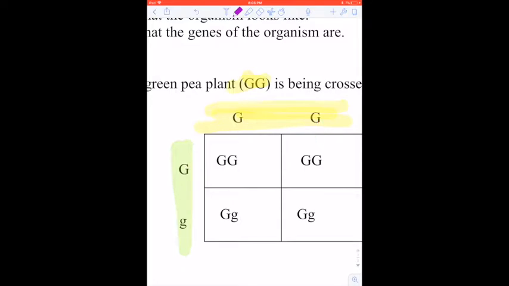The ones on the bottom, again, you're going to bring letters down and over. You always want to make sure you write the capital letter first, just to make things a little more consistent and clear. Again, you bring this little g over so that you end up with big G, little g there.